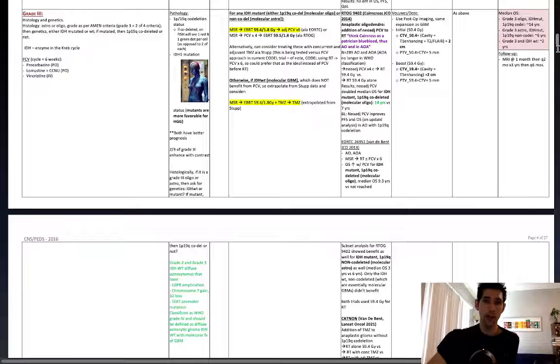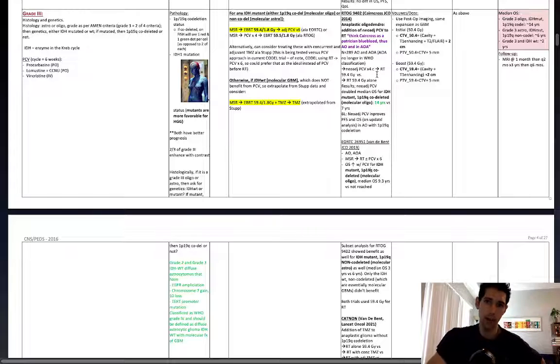In terms of trials I need to know, the first is RTOG 9402. This is Cairncross, JCO 2014. This is looking at anaplastic oligodendrogliomas. The addition of neoadjuvant PCV to radiation. I think of Cairncross as a patrician blue blood, and thus this applies to AOs and AOAs. So anaplastic oligodendroglioma and anaplastic oligoastrocytoma.